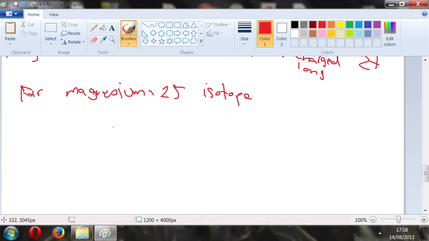What can we say? Well, we know its atomic number is 12. So what we can do is, as we mentioned before, take the mass number, which is 25, subtract the atomic number, which is 12, and we can then find out the number.